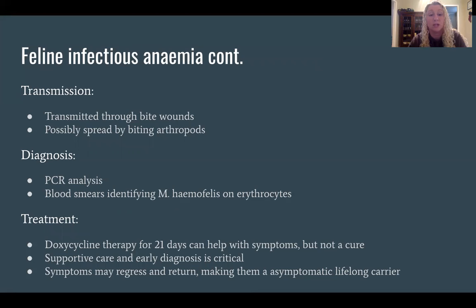Treatment includes doxycycline therapy for 21 days. It can help with symptoms, but it is not a cure. Typically, you're going to have supportive care and early diagnosis to really help the patient, and symptoms may regress and return, making them an asymptomatic lifelong carrier.